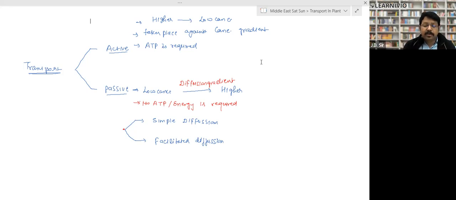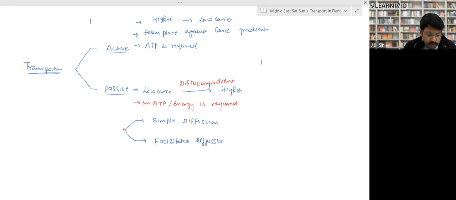It's a very important thing. The next point I am going to dictate, please make a star for this. The direction of translocation. This question has been asked.